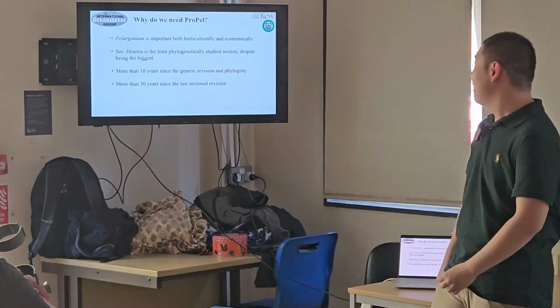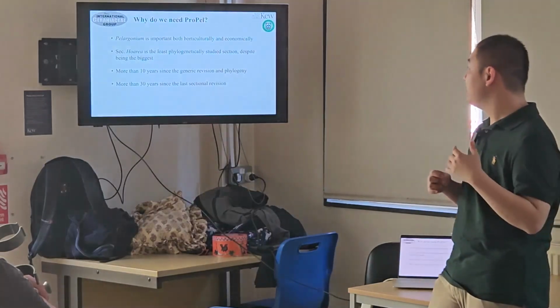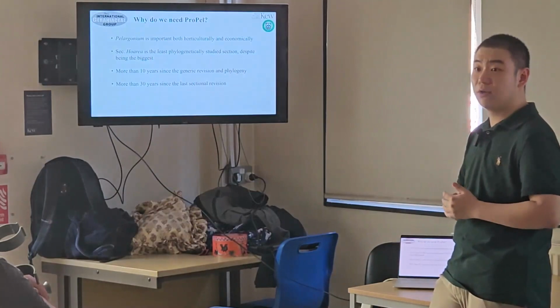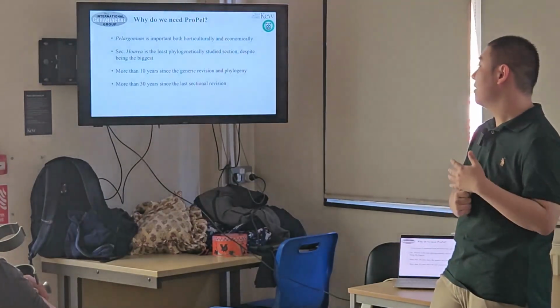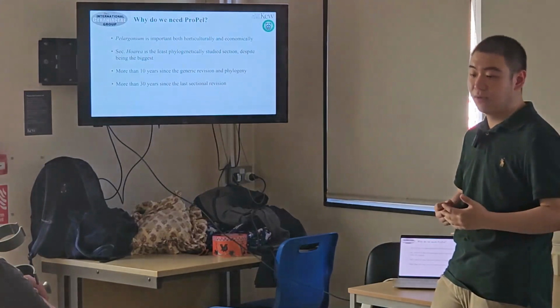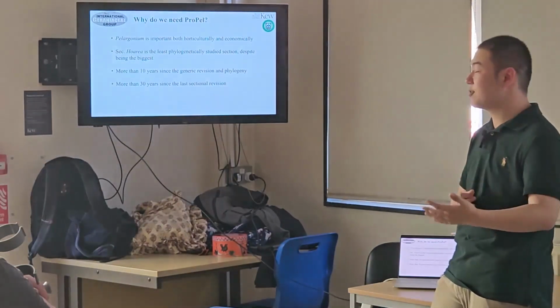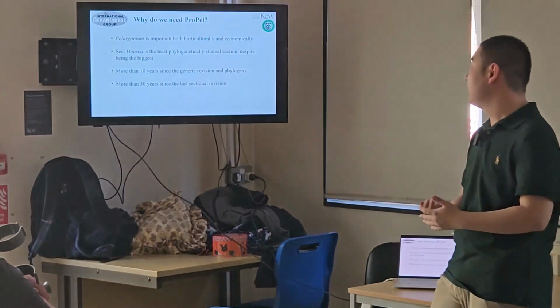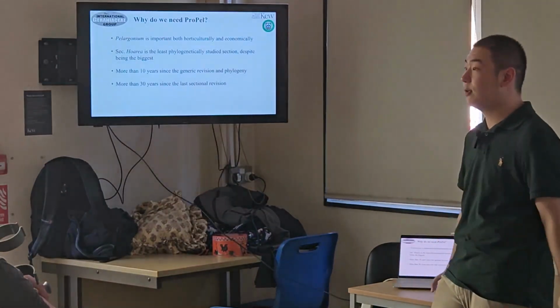It has been more than 10 years since the last phylogeny was done on the whole genus, and it's more than 30 years since the last sectional revision. So with this many new species being described and put out, it is timely for us to do this work and resolve some of those species complexes.